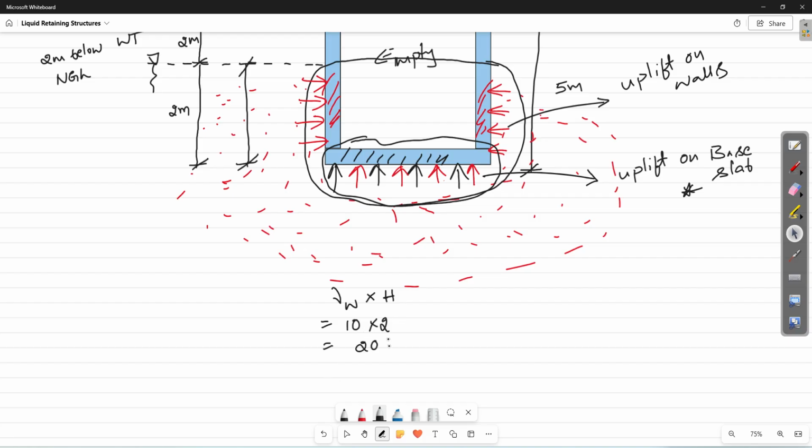So 10 into 2 is 20 kilonewton per meter square, and it is acting opposite to gravity direction. We will see how to assign this.